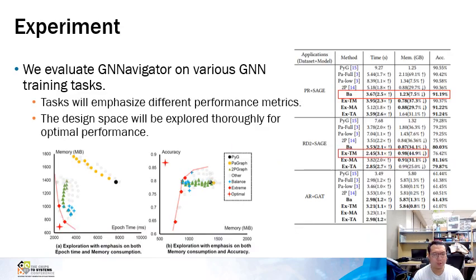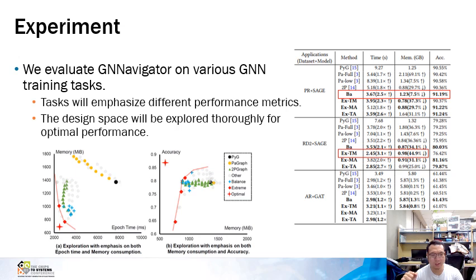We evaluate GNNavigator on various GNN training tasks. We preset several application requirements and explore the design space thoroughly for optimal performance. The chart shows the performance metrics such as time, memory consumption, and accuracy for different datasets and methods.